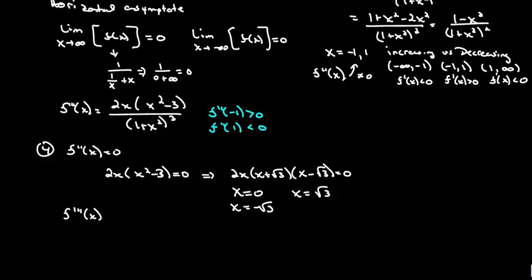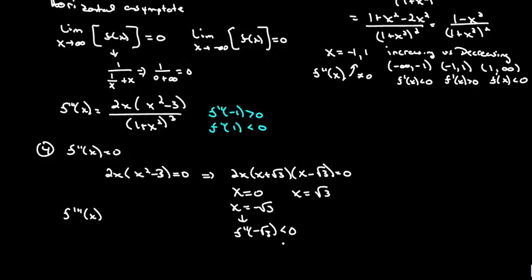So to the left of negative square root of 3, okay, to the left of that guy, let's say at, like, I don't know, negative 2. Well, negative 2 is good. So if we go to negative 2, and we plugged in negative 2 here, we would get a negative times a positive. So this would be negative. So here, f double prime at negative square root of 3 is negative.